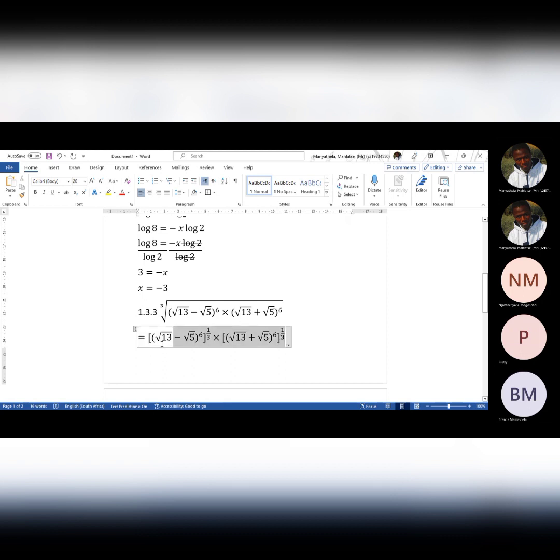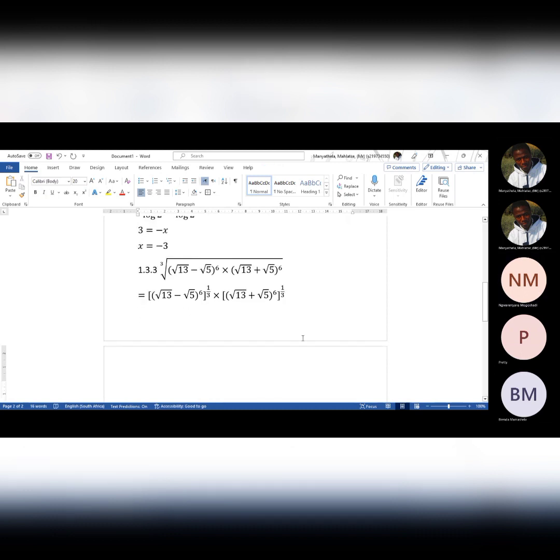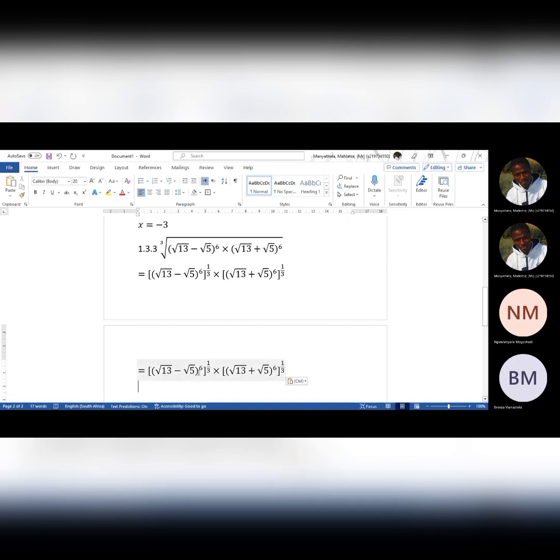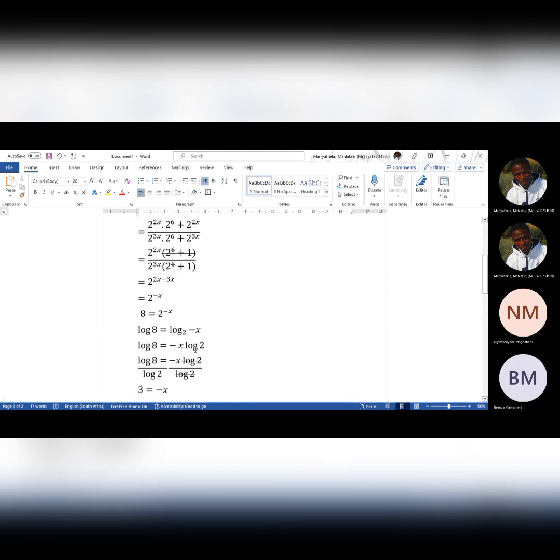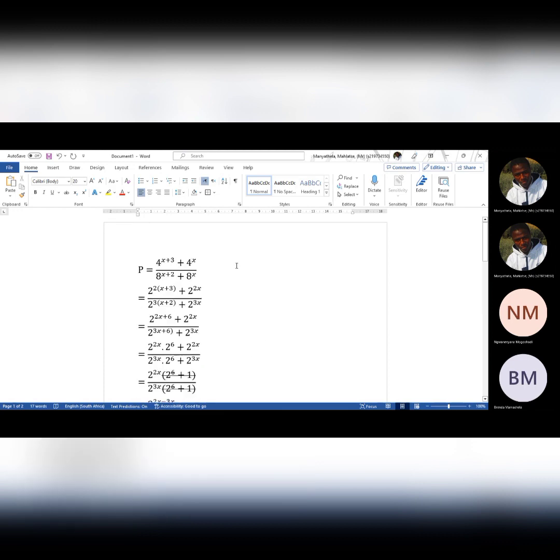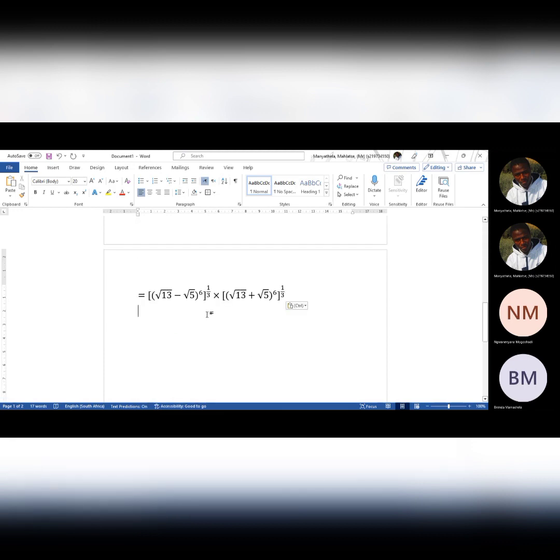I remove a cube root. So I apply the laws of exponents.